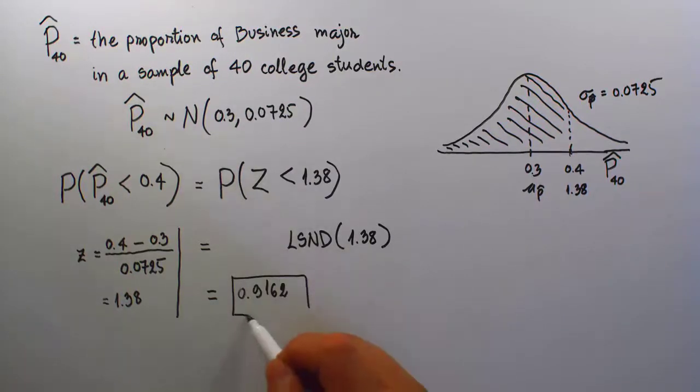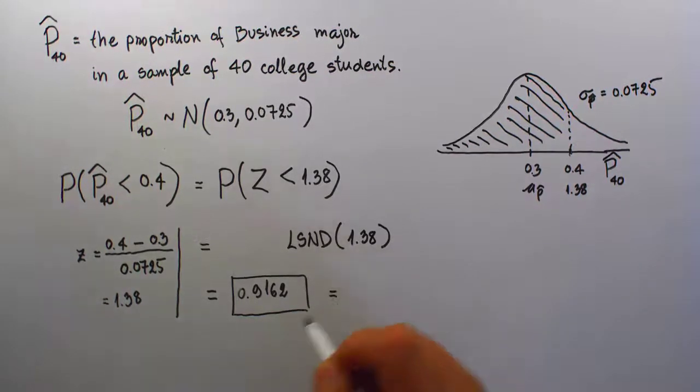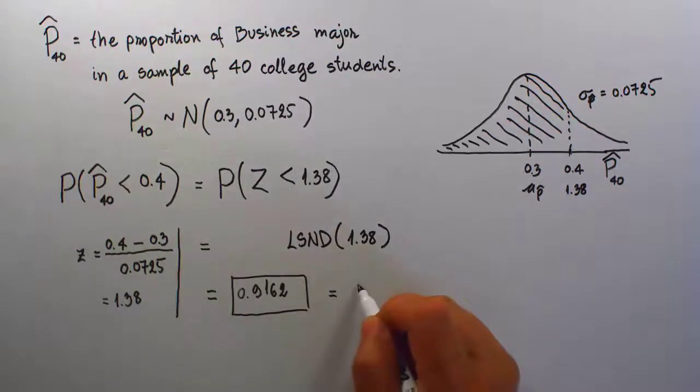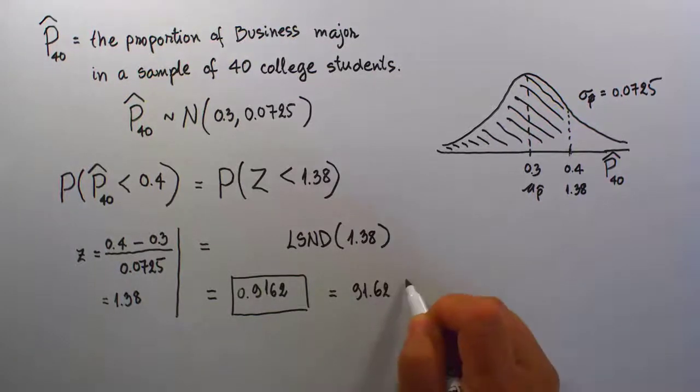Since in our problem it is also the left area, our final answer can now be rounded to 4 decimals. As a percentage, this 0.9162 is equivalent to 91.62%.